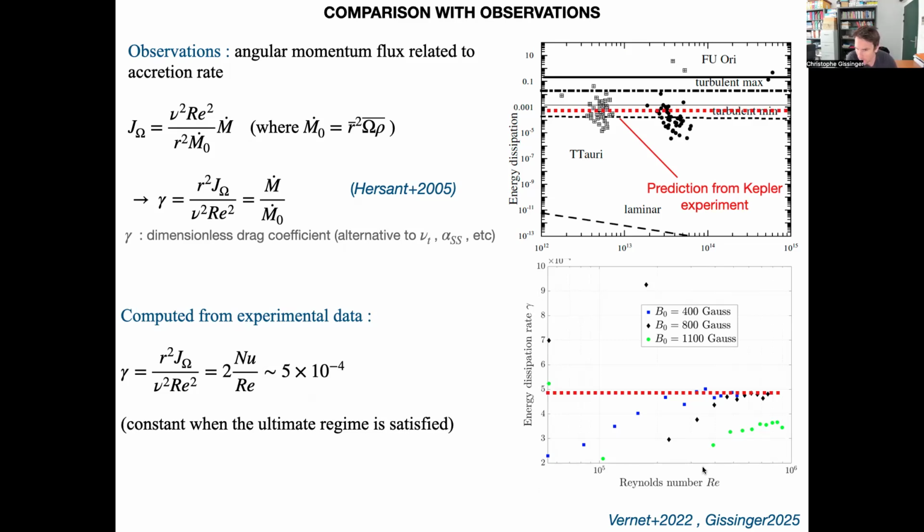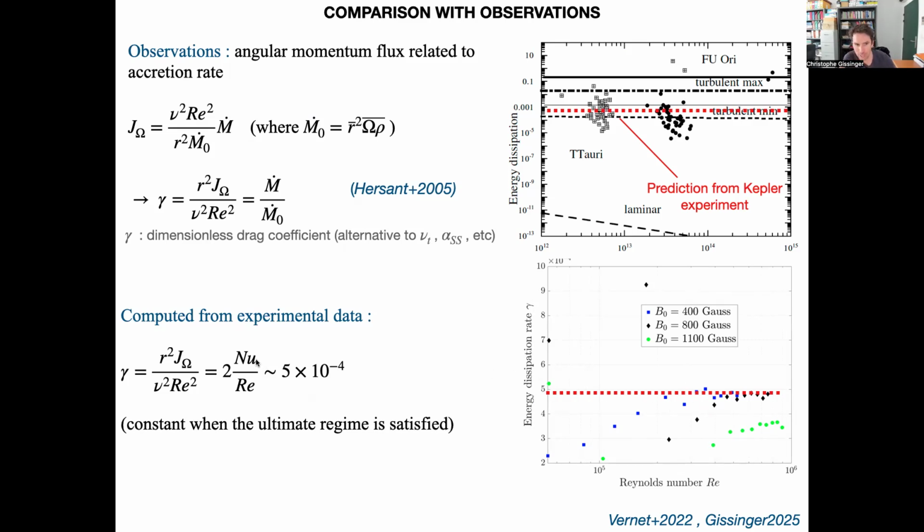And this is how it looks in our data. This is gamma. This is the Reynolds number. Again, forget about the large-scale green magnetic field, which is a different regime. But you can convince yourself that as we increase the Reynolds number, it seems that the data are converging to a given value here, which is the dashed red line here.